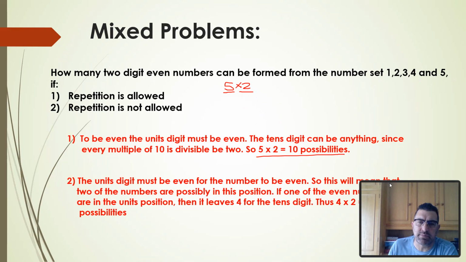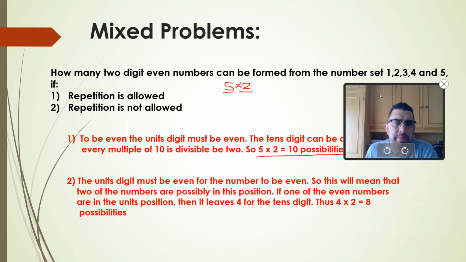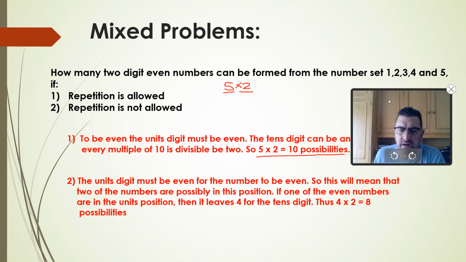There's 10 possibilities. Okay, if repetition is not allowed, then we have a problem. Because if we need to choose our 2 digits, there are only 2 digits that will make it even. So we've removed one of them, and there's only 4 available for the first digit. The digits may not be repeated, so there's 8 options.